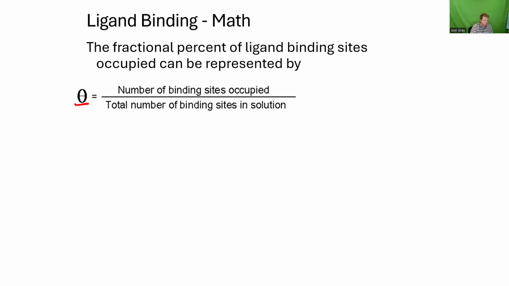And when we look at an oxygen binding protein, we specifically look at Y. So theta and Y are just placeholders. Now, the fractional percent of ligand binding sites occupied can be represented by this equation: the number of binding sites that are occupied. So let's say, here, I'm going to draw here's a protein. I'm going to draw another one.